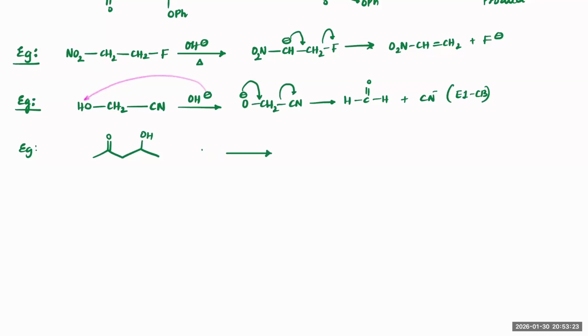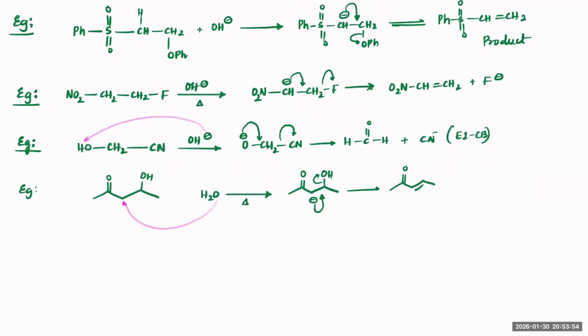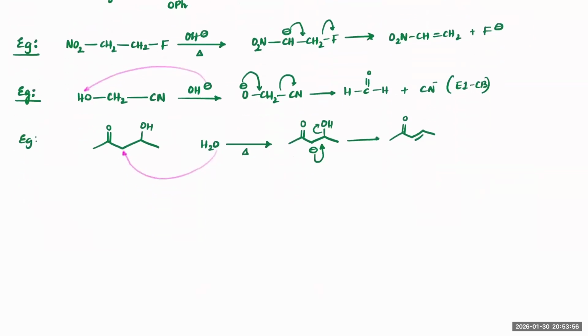So suppose if you have just water and heat, water can also extract the proton from this position and we will get double bond O with minus and OH and then this minus will push away, OH will come out and hence we will get double bond O and double bond here. That's how you will get an alkene. Okay. I hope all of you got an idea how the E1-CB mechanism works.